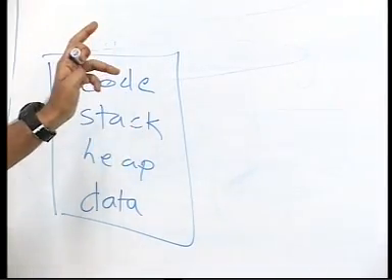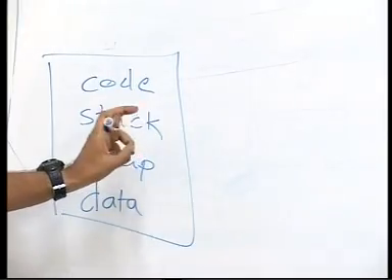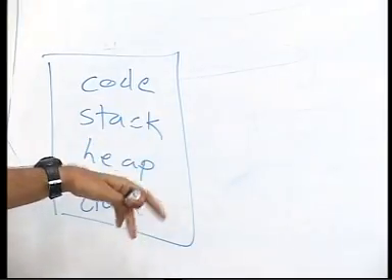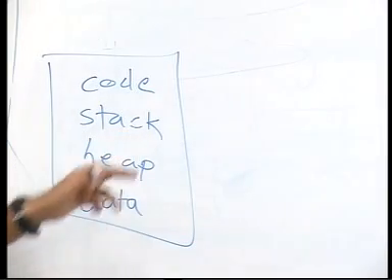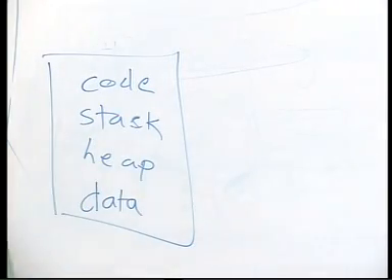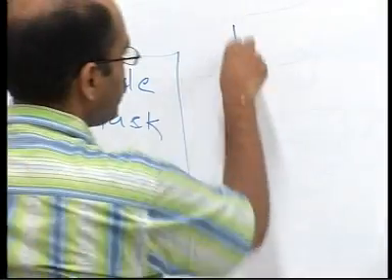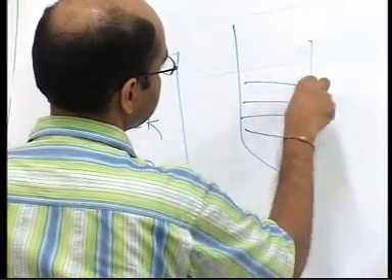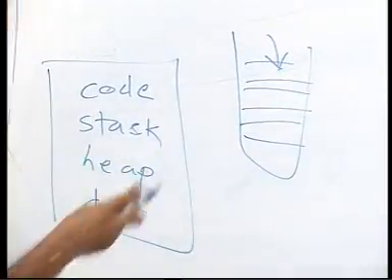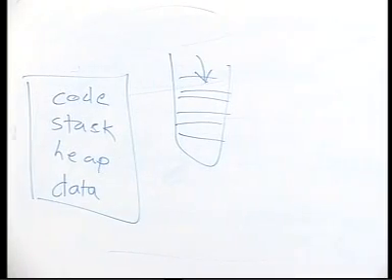So what are the operations on a stack? Function call. Right? So what is the property of function call? If you look at the stack, it's like this. Last in, first out. Right?